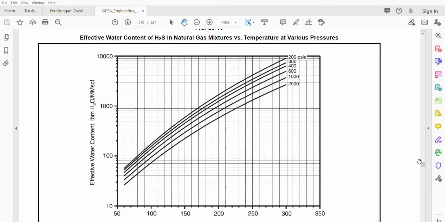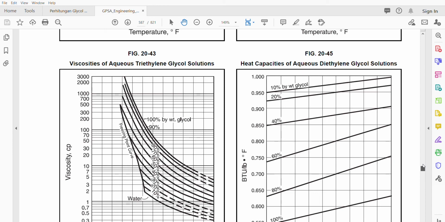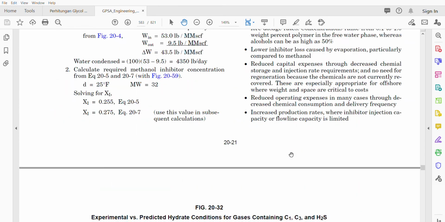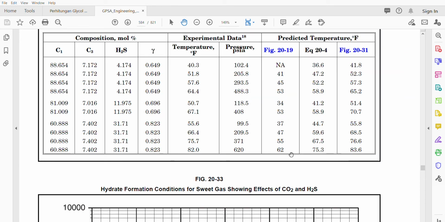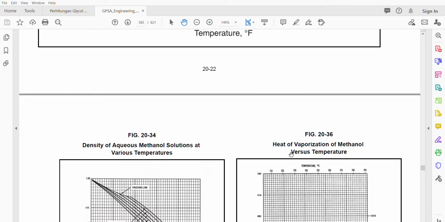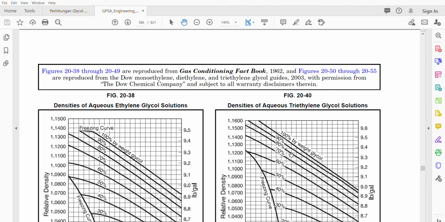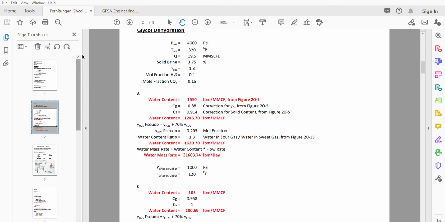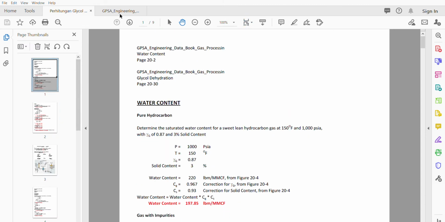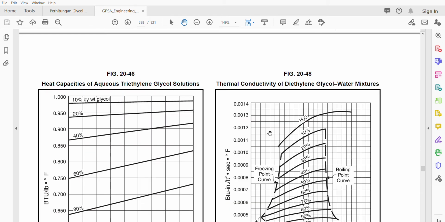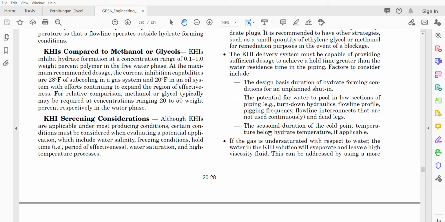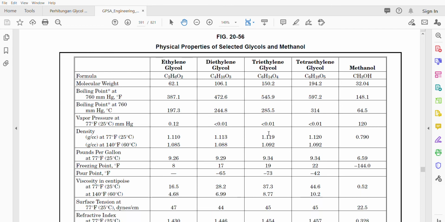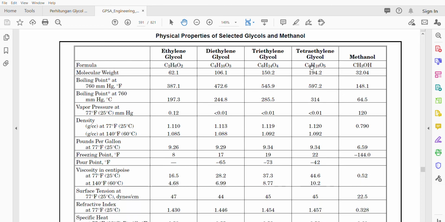I would like to add a little bit before we finish with this video number 5. We go to glycol, which is 2030. Okay, so in this 2030, there are a lot of things, a lot of glycol.